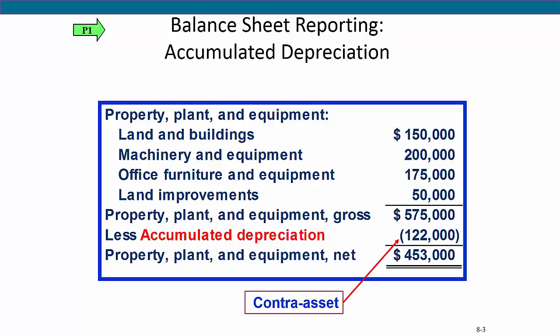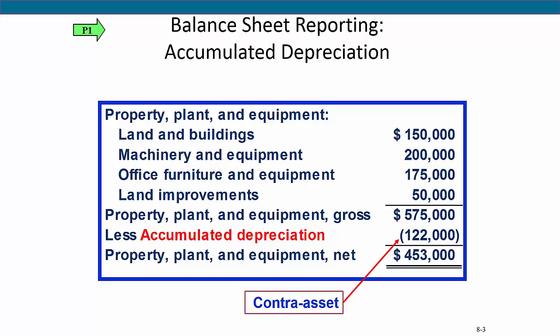Now, as a reminder of what we covered previously in Chapter 3, both the cost and the accumulated depreciation of plant assets are reported on the balance sheet or in the footnotes. Accumulated depreciation means exactly what it says, the amount of depreciation accumulated since the beginning of the lives of the assets that remain on the books.